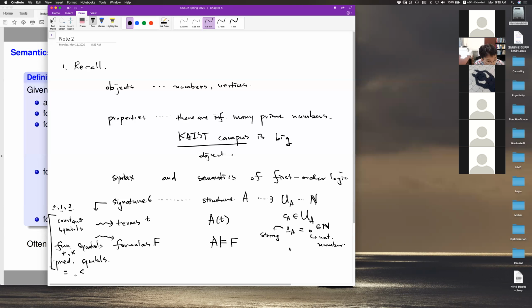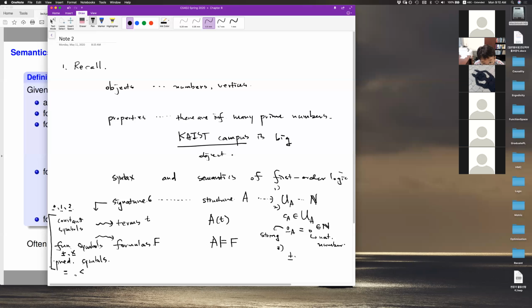And then the structure specifies the underlying universe, and it also provides a meaning for all those constant symbols, and also for all those function symbols like plus and multiplication. So plus now has a meaning.